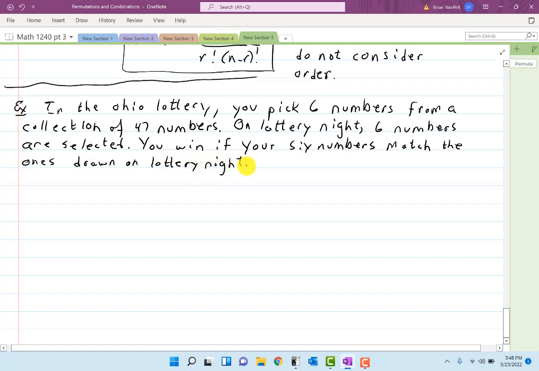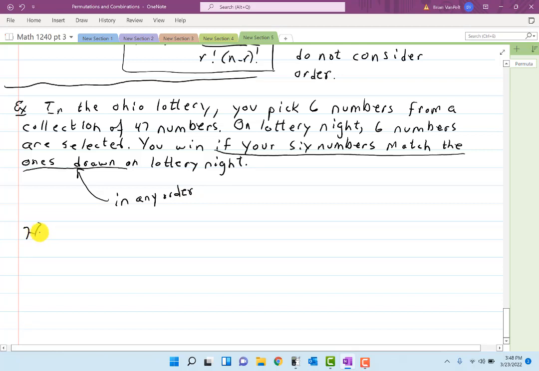And there's one very specific thing that's thrown in here. If your 6 numbers match the ones drawn in any order, that's part of the deal. If your numbers match the 6 that are drawn in any order, you win. So how many ways, well, let's put it this way.